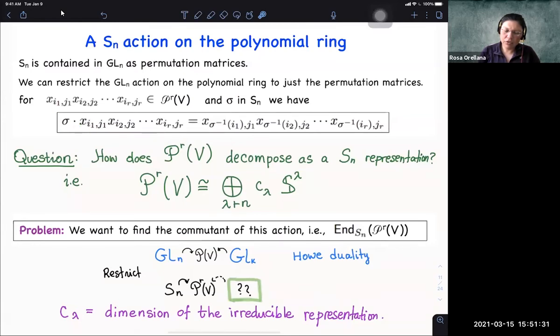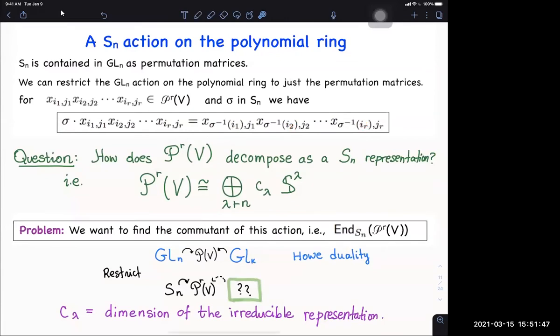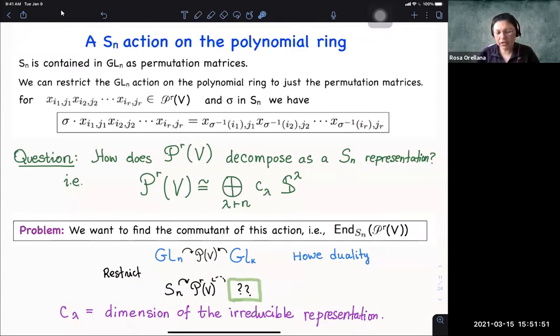These have two indices, some i's and some j's, because these were the entries in the matrix, if you think of them like that, or just as variables. So it will act only on the first entry. And we put the inverse because we are restricting the action of the general linear group, and that action had the inverse. So this is just a restriction.